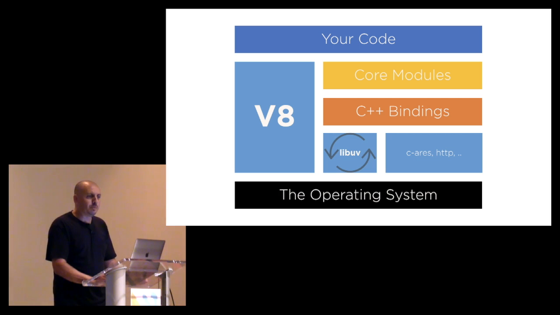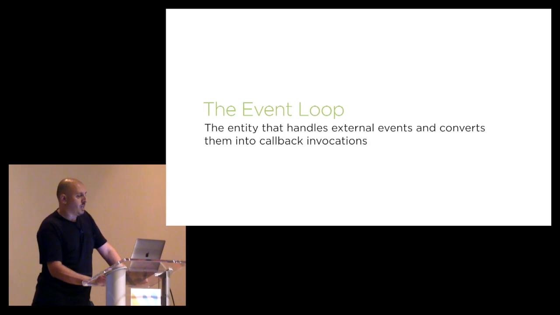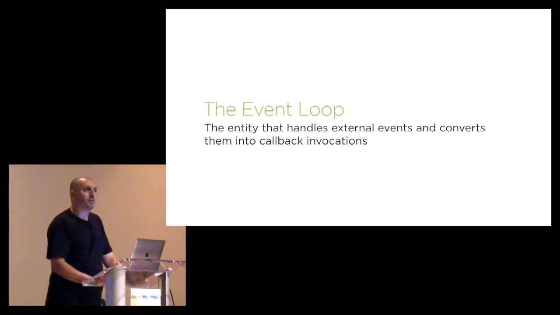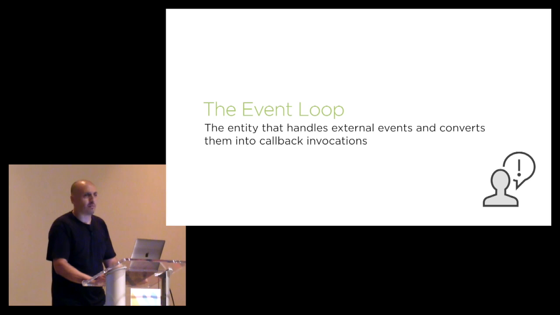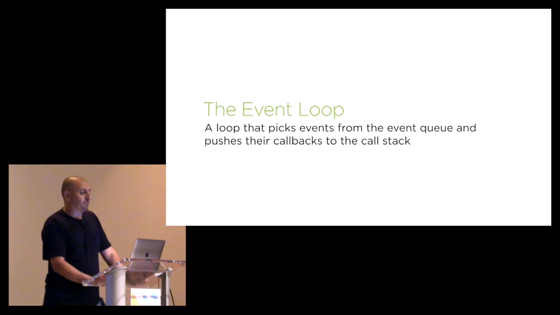What is the event loop? Let's attempt to define the event loop. So one definition says it's the entity that handles external events and converts them into callback invocations. Maybe not very clear? Probably not. Let's try another one.